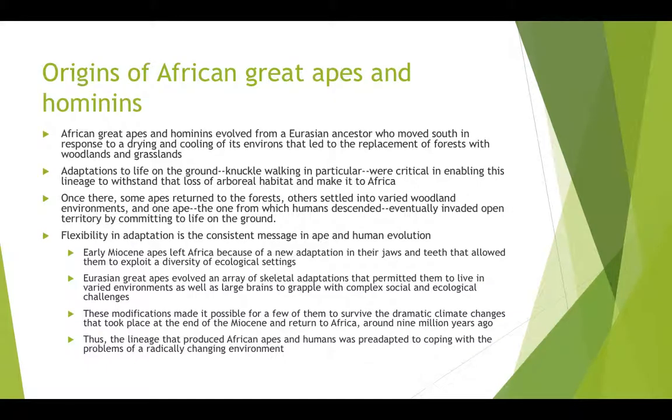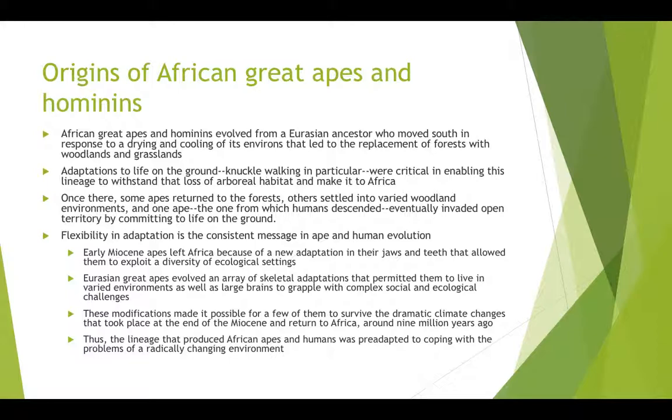So as we look at this split between African great apes and hominins, there was a Eurasian ancestor that moved south into Africa as we had a drying and cooling trend. The forests across Europe and southern Asia were shrinking and becoming mixed woodlands or grasslands, and thusly this Eurasian ape that had this upright posture and an adaptation for knuckle walking moved back into Africa.